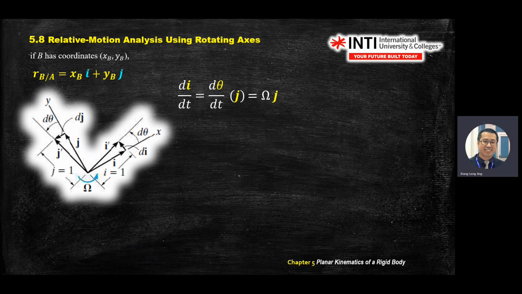What is d theta dt? Omega. Same with j. dj dt: dj here is the same as your d theta. However, the direction of this dj is opposite of your x, so it's minus I. Again, d theta dt is omega, so you get minus omega I.